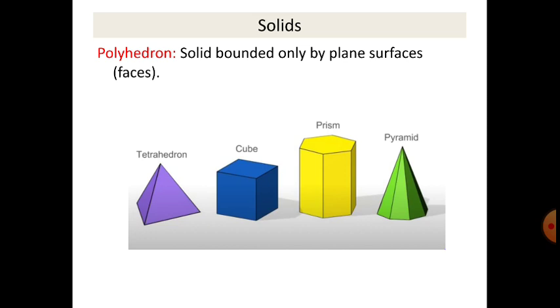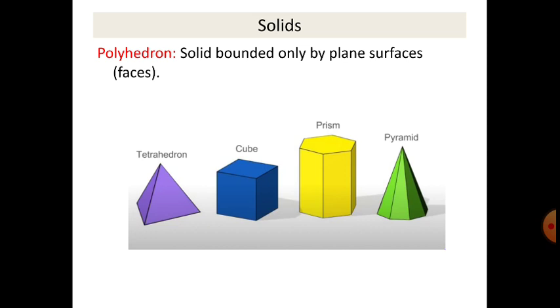Okay. Next is pyramid. Pyramid, which has a bottom surface and has a pointed edge at the top. Okay, it might have many surfaces depending upon the bottom surface.